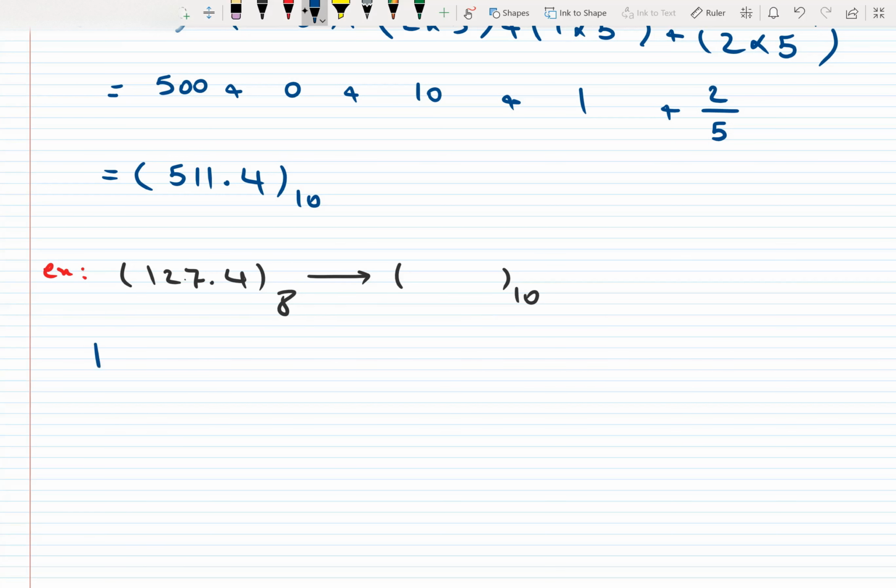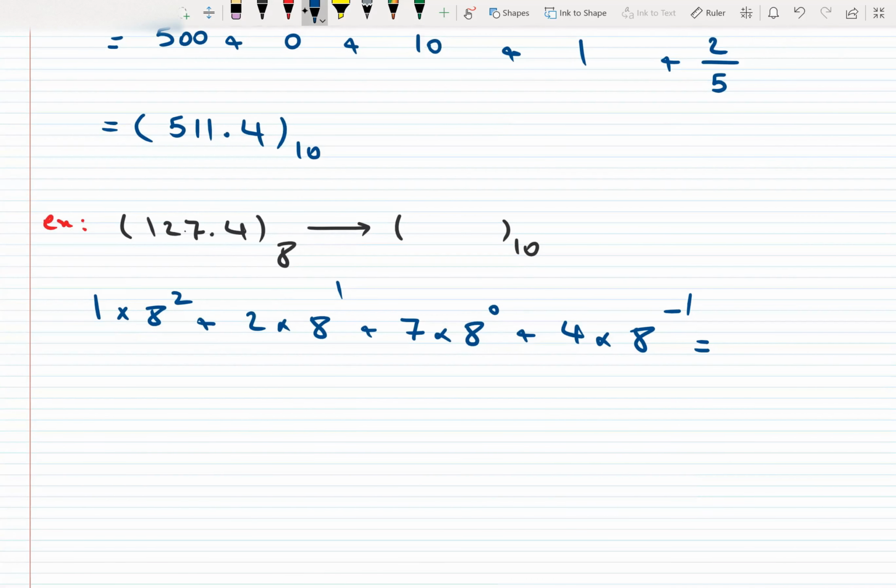So we say 1 times 8 to the power of 2 plus 2 times 8 to the power of 1 plus 7 times 8 to the power of 0 plus 4 times 8 to the power of minus 1, which is equal to 87.5 in base 10.